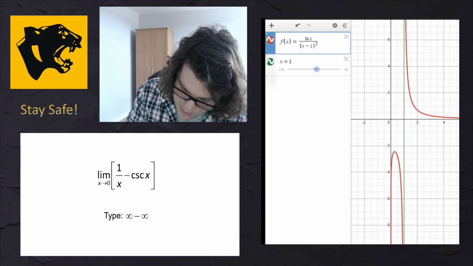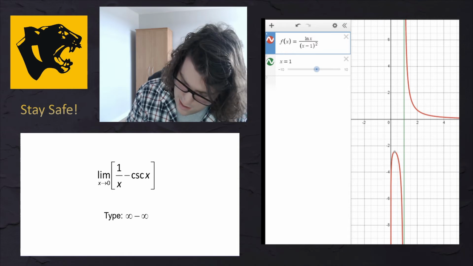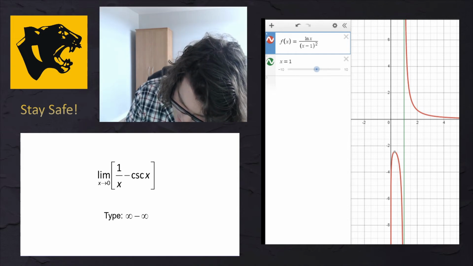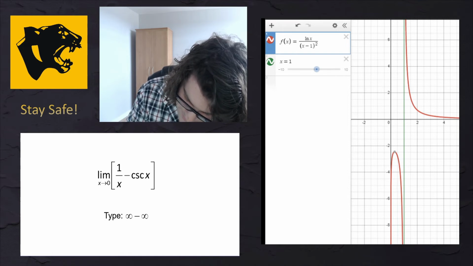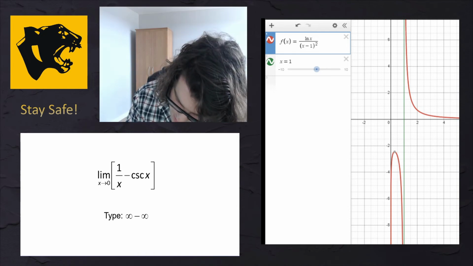So the limit as x approaches 0 from the right of 1 over x minus the cosecant of x over 1, basically. All right, so I'm going to change the form of that particular thing by giving it a common denominator. So my common denominator is going to be x.